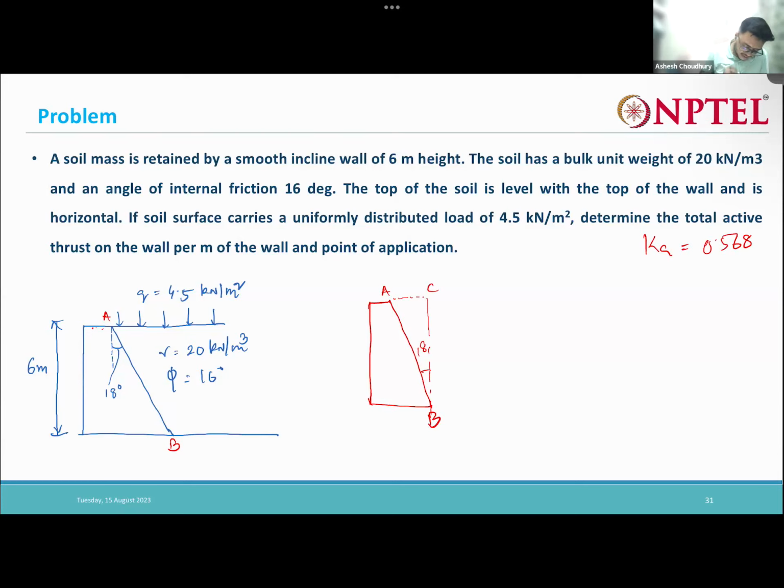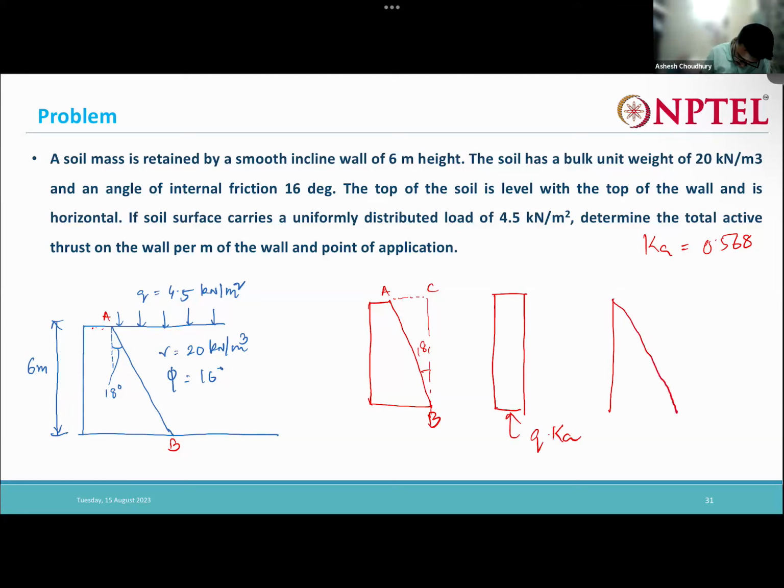First, due to the surcharge of 4.5, this will be Q into K, 4.5 into K. Next, due to the soil, this is 1, this is 2, it is K into 20 into 6.